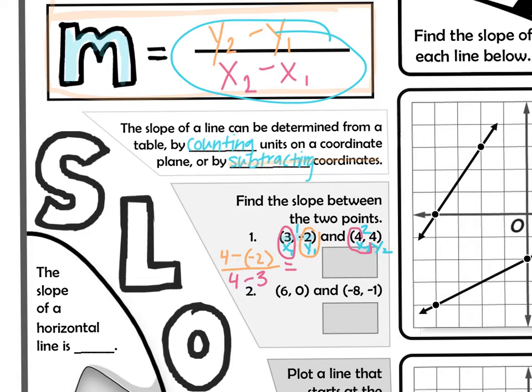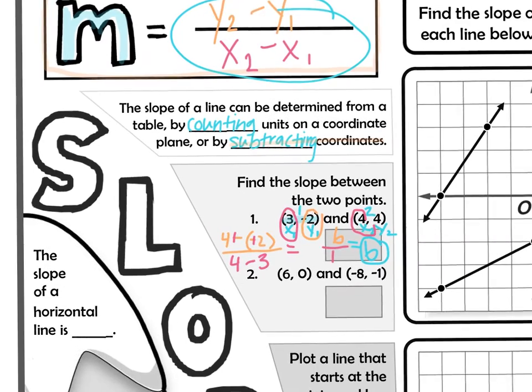So 4 minus -2 really is adding. So 4 plus 2 is 6. And then 4 minus 3 is 1. And 6 divided by 1 is really 6. So that's our slope, is 6.